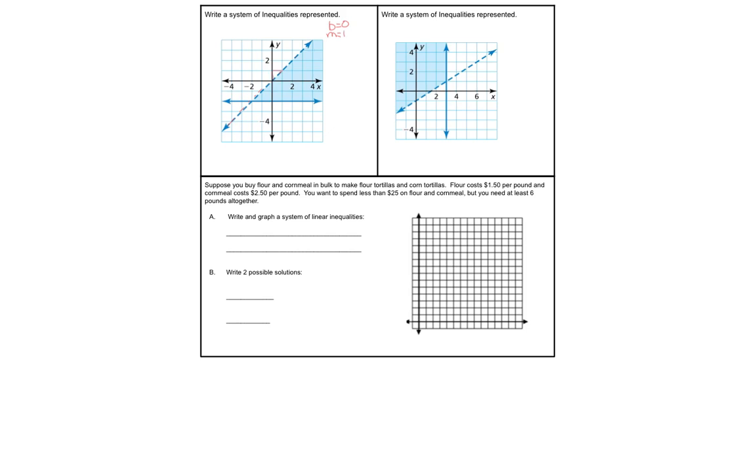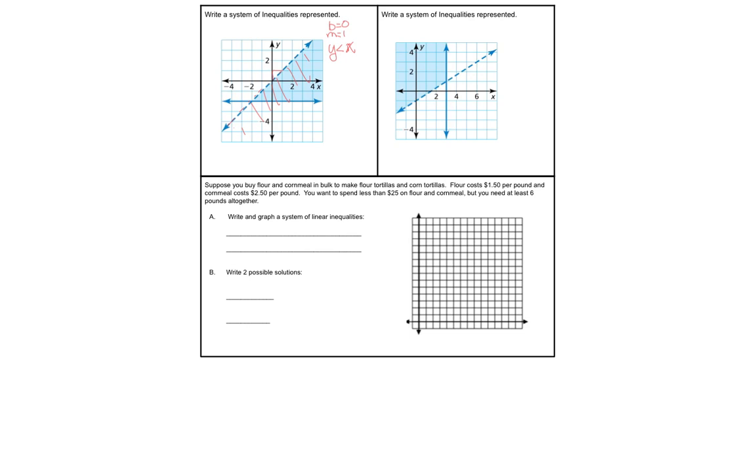And it's dash, so it'll be y something 1x plus 0. Is it less than or greater than? It's underneath there, it would be shading down, so it's less than.